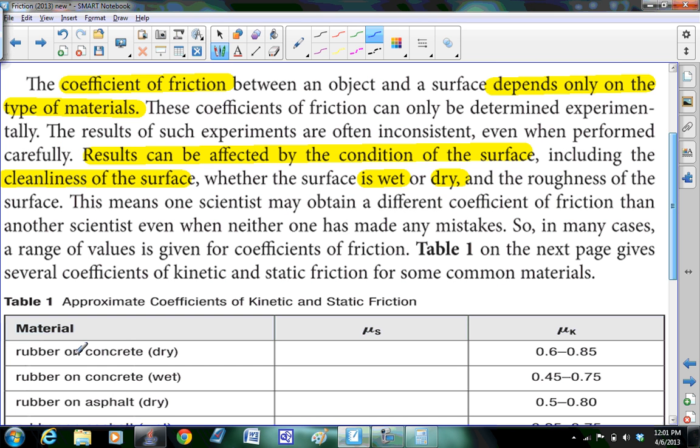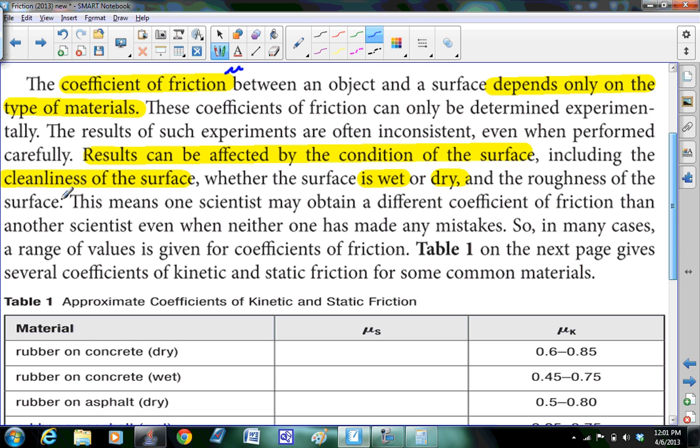Okay, this next little bit is directly from your textbook. I just want to emphasize something with the coefficient of friction. The coefficient of friction, or the mu value, between an object and a surface only depends on the type of materials. The thing you have to be careful with is the results can sometimes be affected by the condition of the surface.